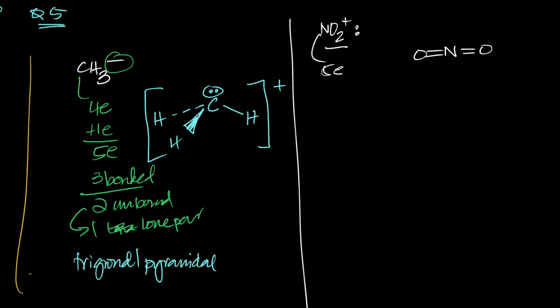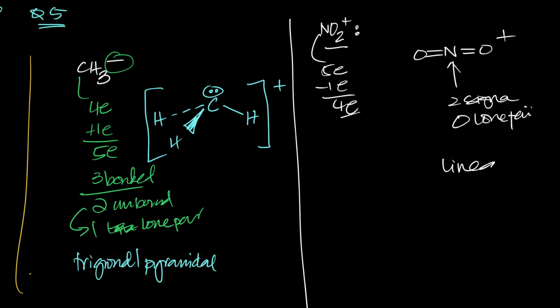Because N has 5 electrons, lost one, has 4 left. And O makes double bonds. So the 4 electrons are bonded this way, and there's a plus charge. Now how many bonds does N have? 2 sigma bonds and 0 lone pairs. So what would the shape be? Linear. So NO2 plus would literally be linear with bond angles of 180.